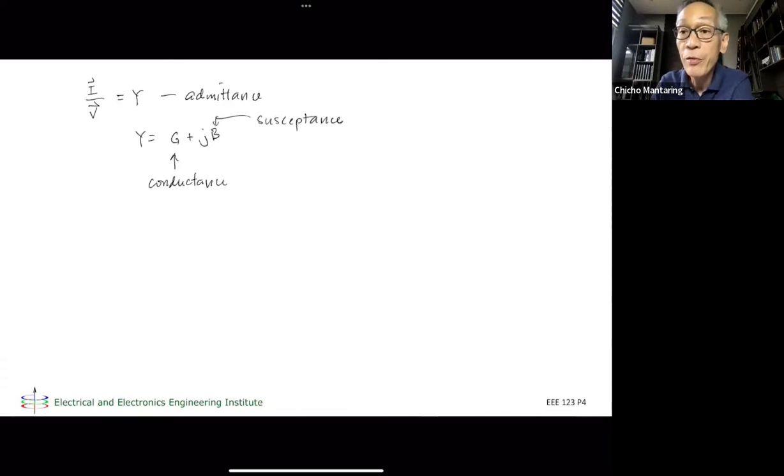Okay, for our passive elements, you have R, you have L, you have C. This is a table.